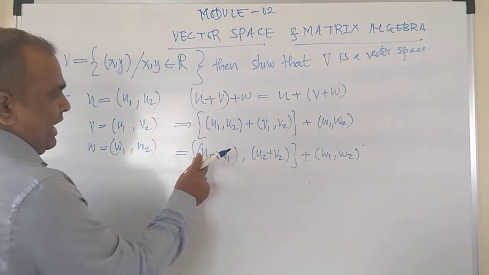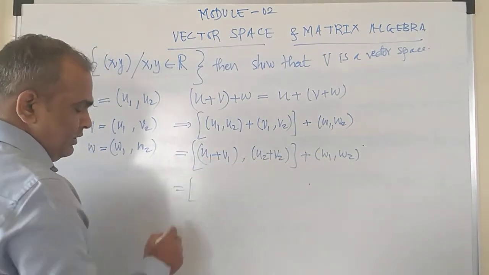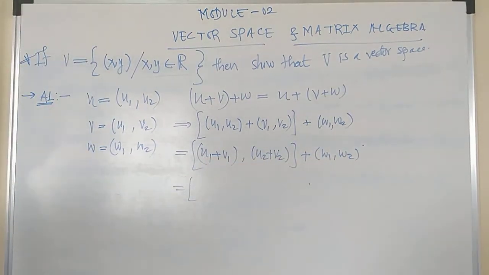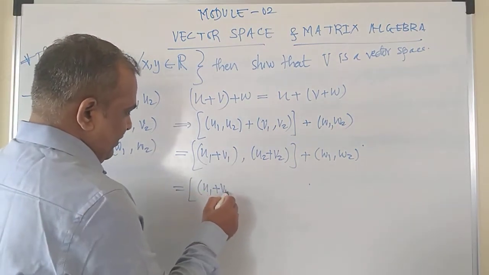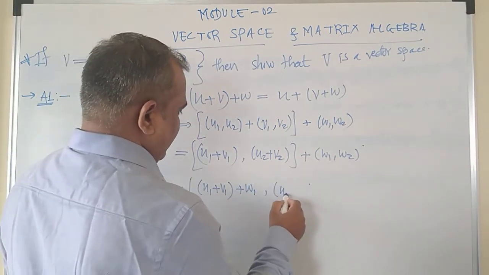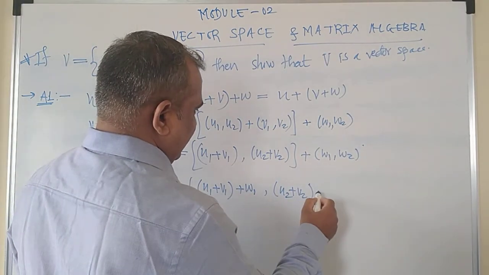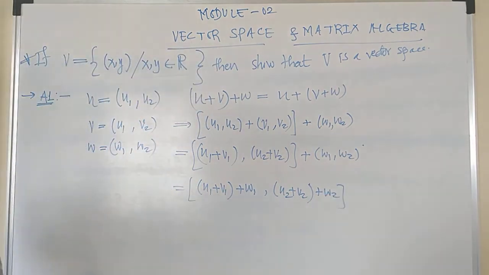In the next step you can add this, so this will give you u1 plus v1 in a bracket plus w1 and u2 plus v2 in a bracket plus w2 outside the bracket. Is that it?